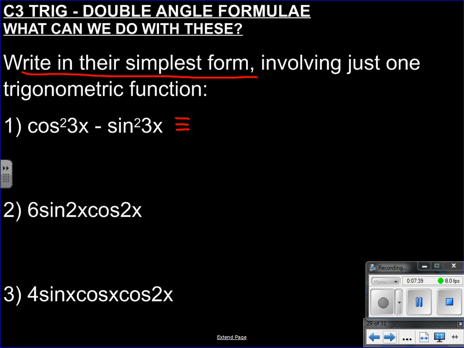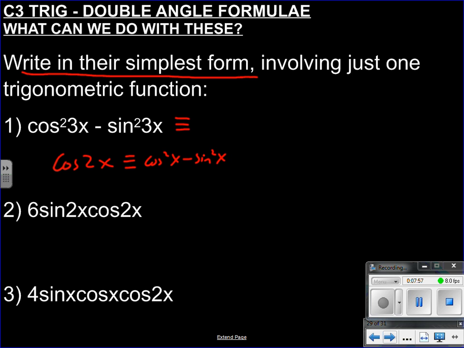So cos squared 3x take sine squared 3x. The idea of this is to recognize, well, what is that? That looks exactly like cos 2x, doesn't it? Cos 2x is the same as cos squared x take sine squared x.